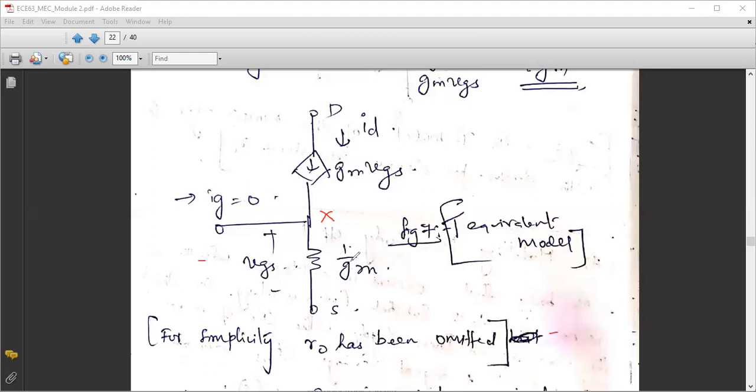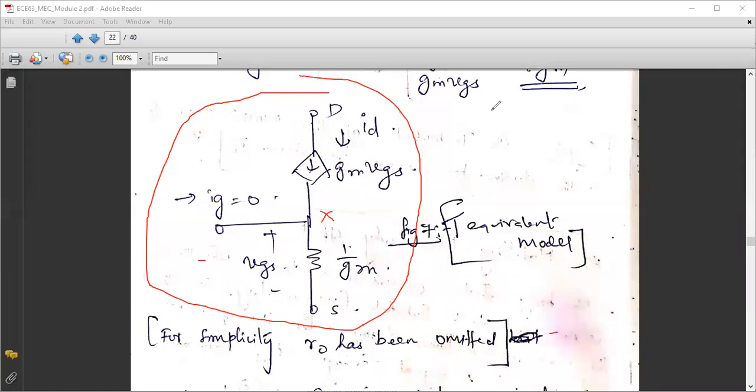Why 1 by gm? Because gm is the conductance, so the resistance will obviously be the reciprocal, that is 1 by gm. So the voltage dependent current source is modeled as a fixed resistor whose value is 1 by gm, and across this resistance we have the voltage drop represented as VGS. So this can be called a T equivalent model.